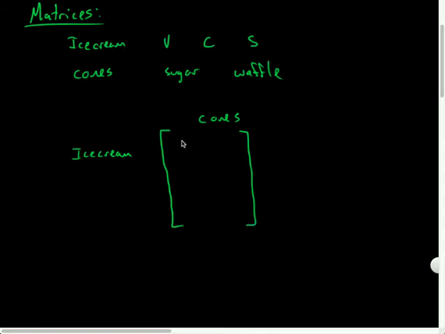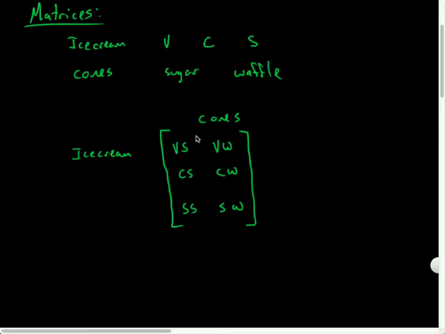So I could have vanilla sugar, vanilla waffle, and then chocolate sugar, chocolate waffle, and then swirl sugar. I guess the double S is confusing. And the swirl waffle. I could just arrange that information, and that's kind of what a matrix is trying to do.